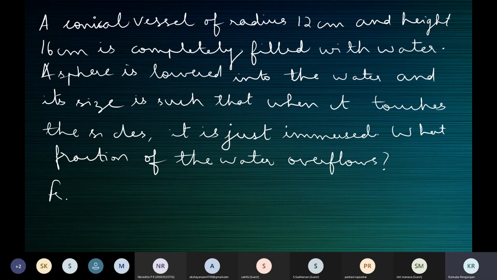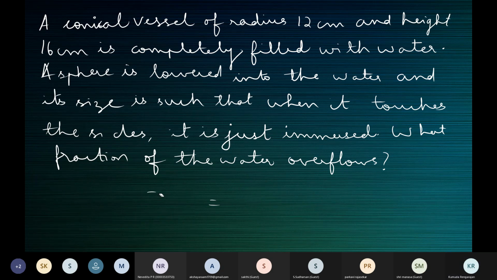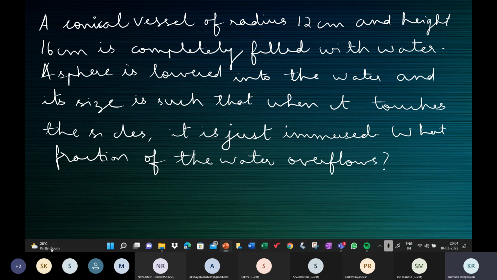Fraction of water that overflows, don't write this. Let me write that first. One minute, children. Let me write it small so that I'll have more space.